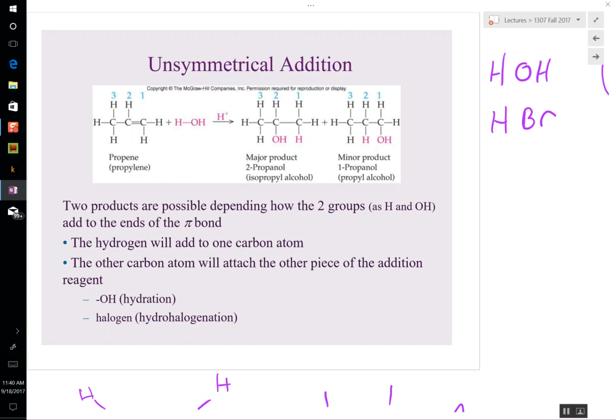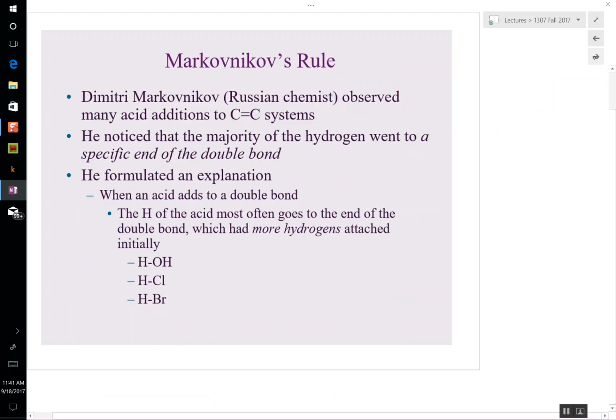And they probably make that, distill it, and they sell this for $1 a gallon, and they sell that for $5 a gallon. Because this is in short supply. It's not as easy to make. And if somebody specifically wants 1-propanol, it's in shorter supply than isopropyl alcohol.